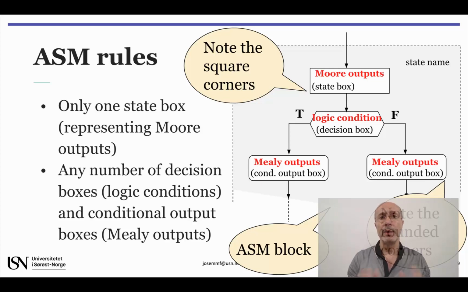There is only one state box in each ASM block, which is always represented at the entrance of the block, and which will be empty if there are no Moore outputs to be asserted in that state. But there may be an arbitrary number of decision boxes and conditional output boxes inside the same ASM block.